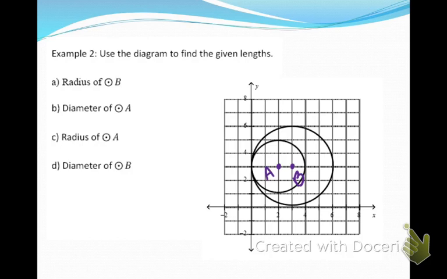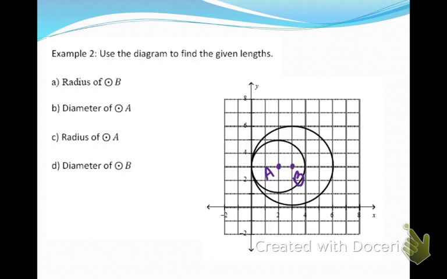All right, let's use some other vocab. Looking at these circles, I would like you to give me the radius of circle B. Circle B has a center at B. Sorry, we didn't talk about how to name a circle, which is one of the things that we need to talk about.